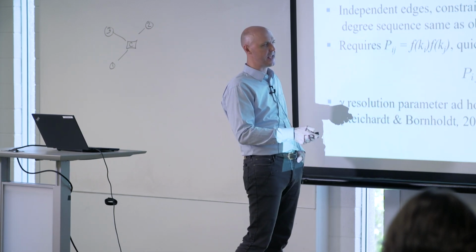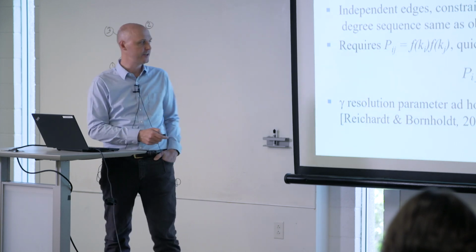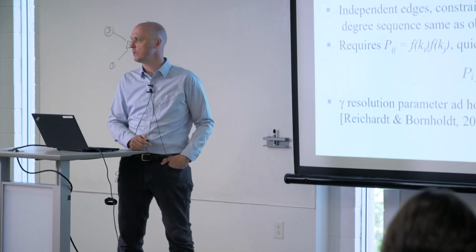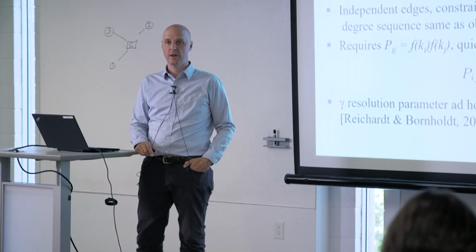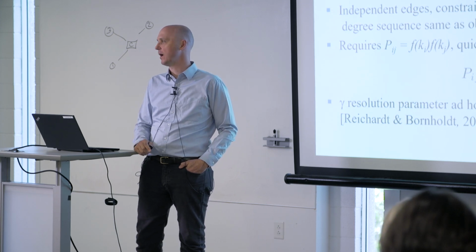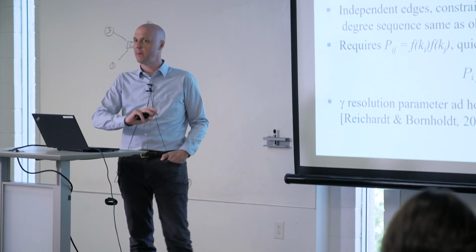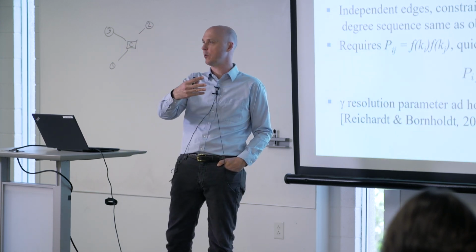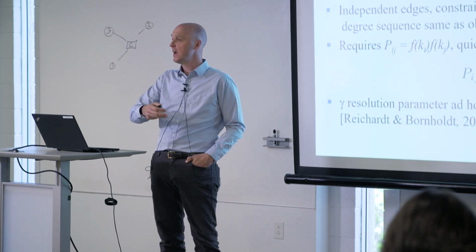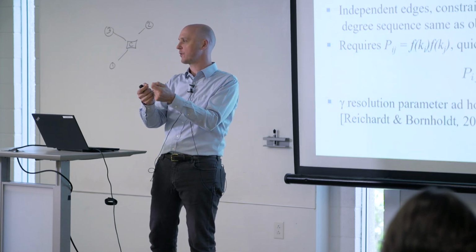And then there's this funny gamma that we stick on it. It's not in the original Newman and Girvan definition of modularity, but was introduced later to account for some well-known problems with modularity having a resolution limit that will come back when we go through the demo. But effectively, the idea here on gamma is that if you make it very large and you think about how P shows up in the formula, since it's something I'm subtracting off, if I make gamma very large, then I'm putting a big penalty on putting nodes together in a group.